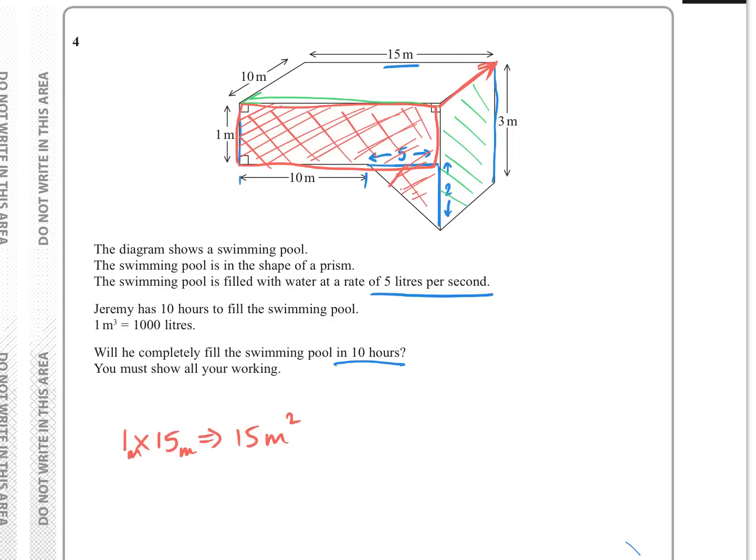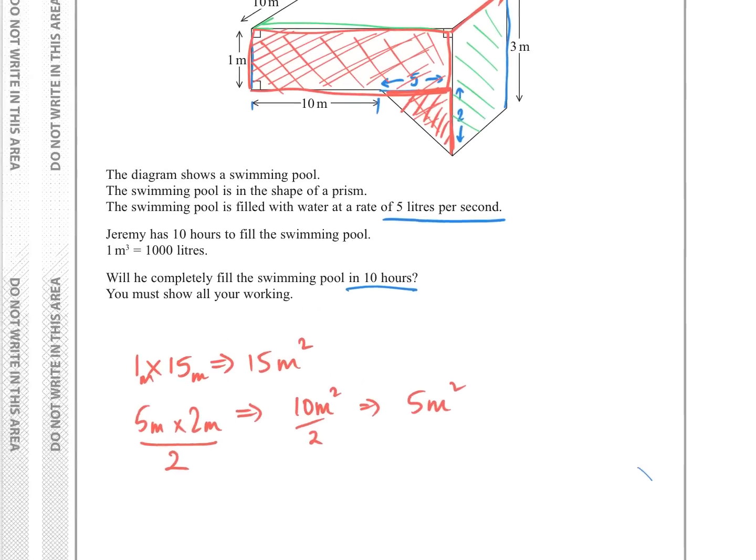And then this part here, the triangular part, well, that's going to be base times height, doesn't matter which way round. So we're going to have 5 metres by 2 metres. And then don't forget, base times height halved is the area of a triangle. So we're going to have 10 metre squares divided by 2, which is 5 metre squares.